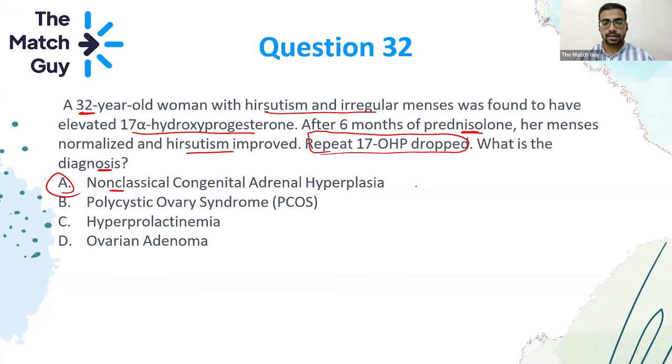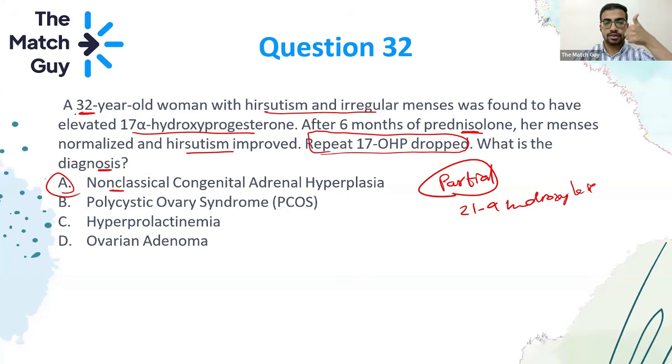What is the difference? So in non-classic congenital adrenal hyperplasia, you just have partial deficiency of the 21 alpha hydroxylase enzyme. So if you have just partial deficiency, it's not going to be this severe. So first of all, it's not going to manifest in a newborn. So as you can see here, that's an adult.